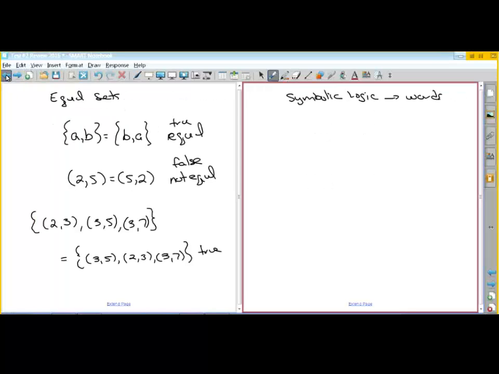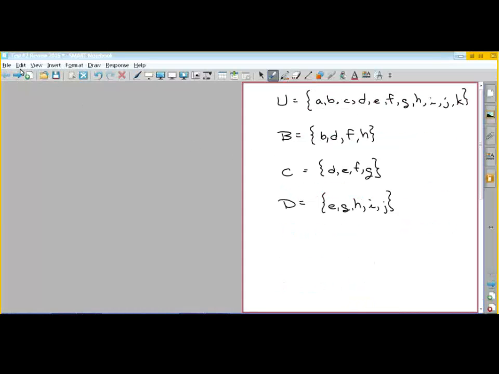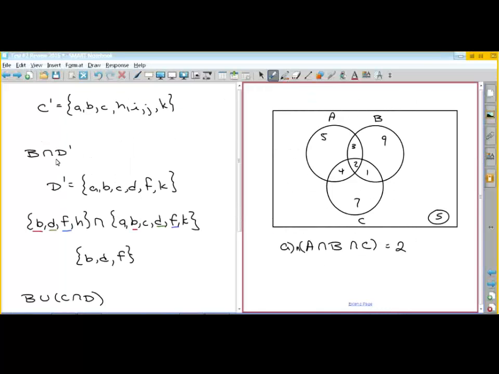So let's kind of go back and review what we've reviewed. So, use set operations, negation, intersection, union. Make sure you can write the sets out. Understand which areas are represented by these set operations, and then be able to identify on the graph how many elements.